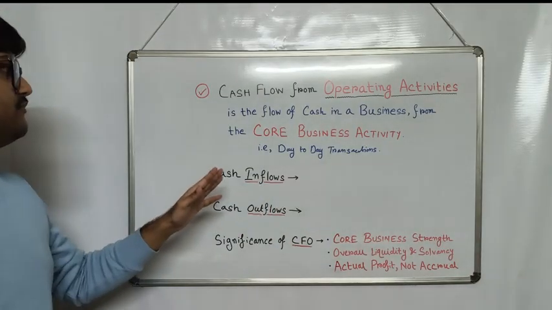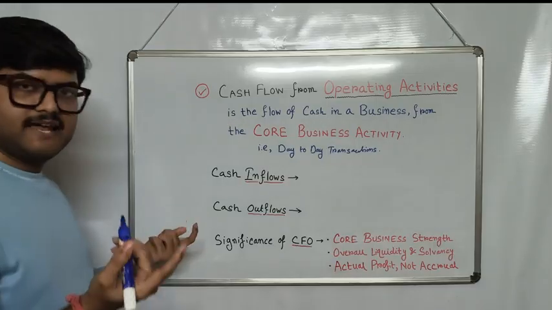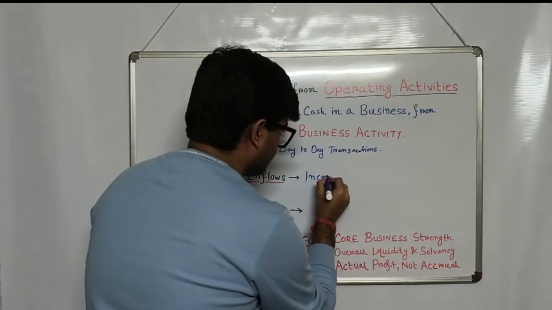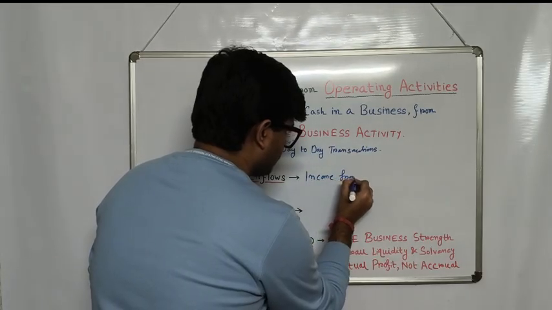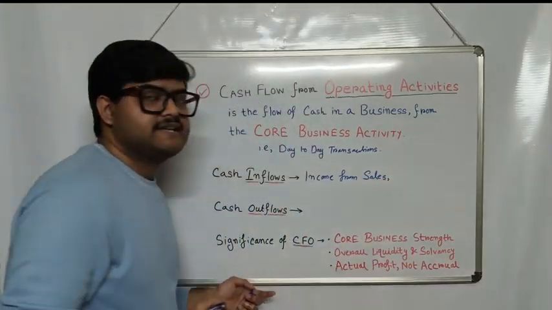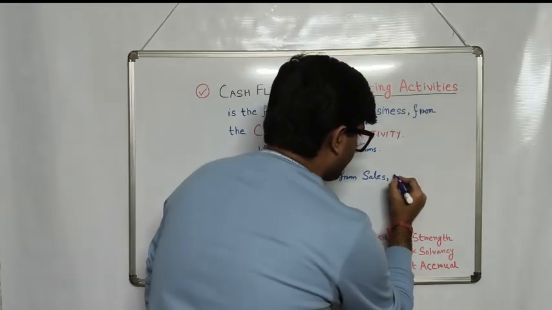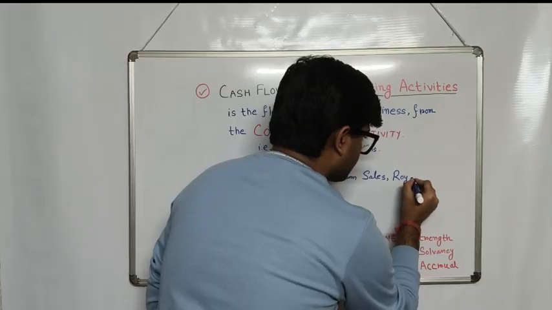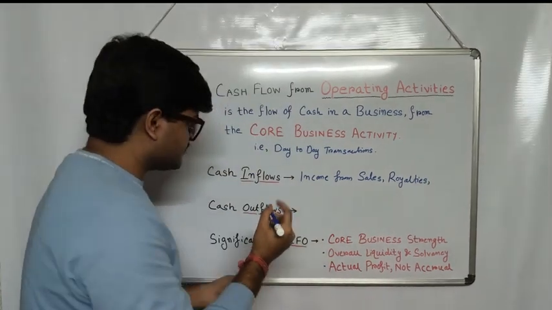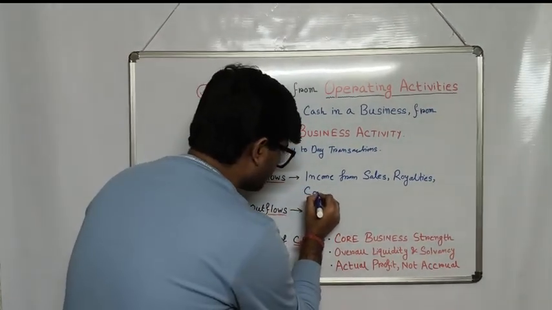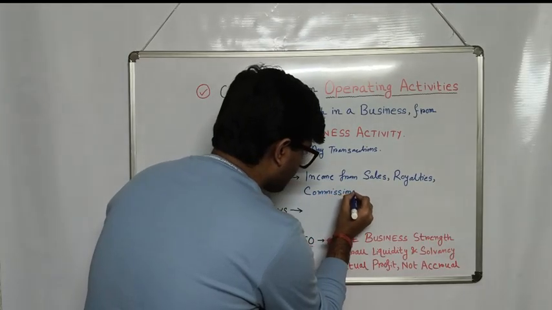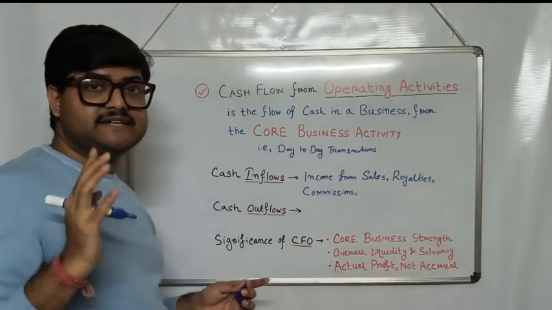So the cash inflows in operating activities can be income from sales, it can be from royalties, commissions, bank interest.